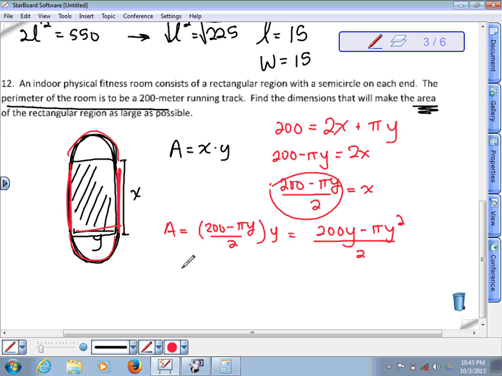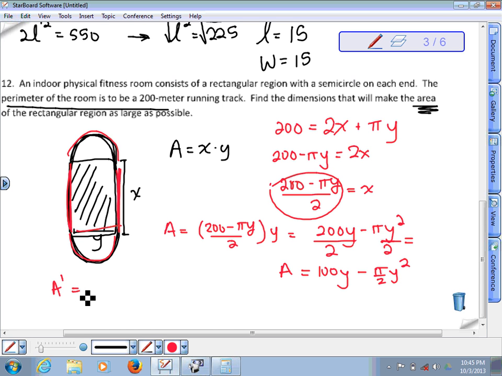Now we need to take the derivative. Now this might be easier if we simplify a little more here. If instead of dividing everything by 2 we divide separately by 2, we have 100y minus pi over 2 y squared. That might be a little bit easier to take the derivative.